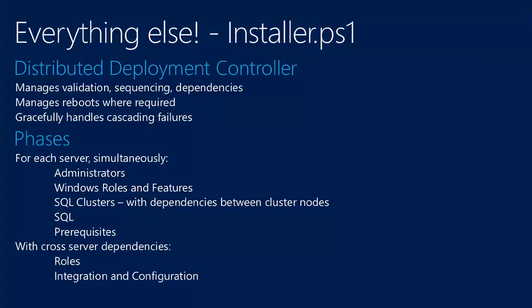Then there are dependencies between servers to install roles. So if I'm installing Orchestrator, I have a database, I have a management server, and then I have runbook servers. The management server is dependent on the database. The runbook servers are dependent on the management server, right? But I can install all the prereqs for them at the same time and then start checking dependencies between those multiple roles to see when each one can start.